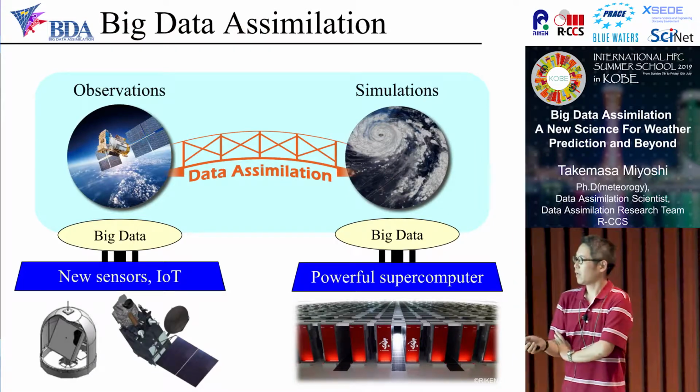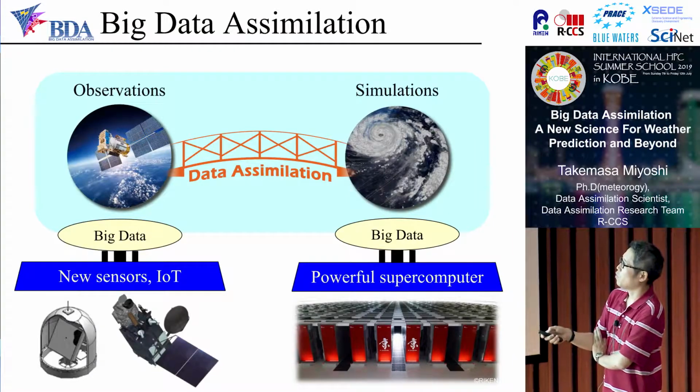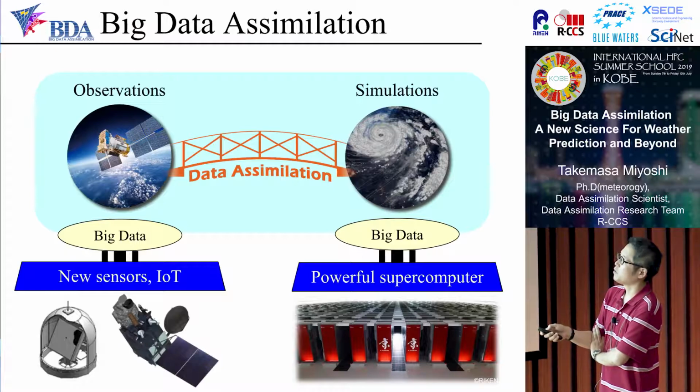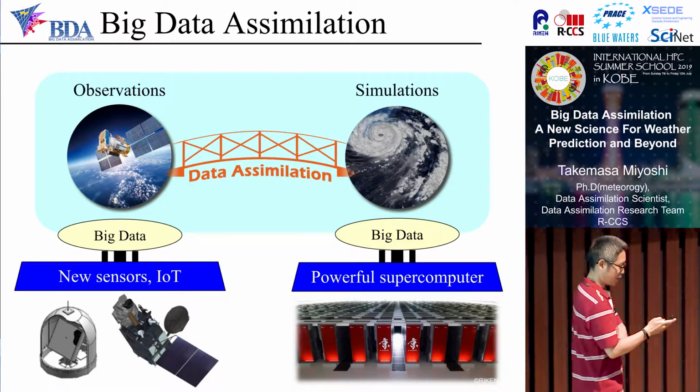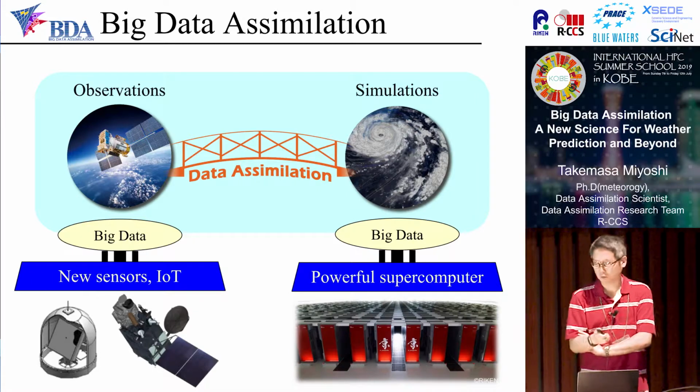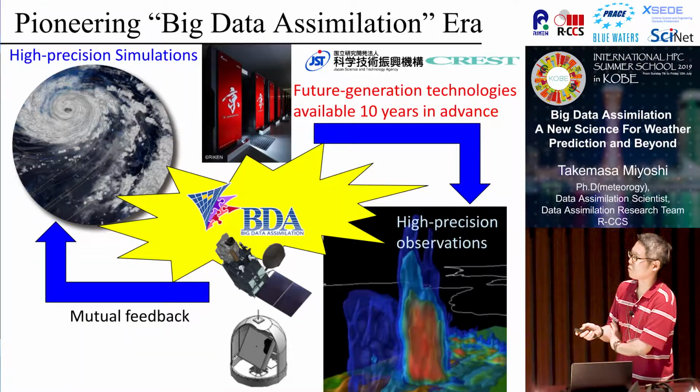Okay, so the idea again was to combine the big data from the real world observations and the big data from the simulation using this powerful supercomputer. So this can be generalized to different problems, but for now we focus on that convective weather system. So we had a fortunate combination of this K computer and this phased array radar.